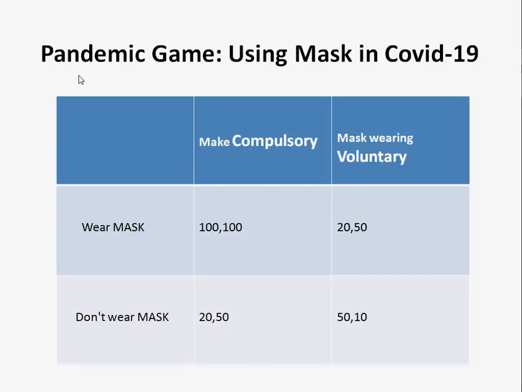Still, there's a certain part of US citizens who are very adamant on not wearing a mask, even though wearing a mask reduces 70% of transmission of the coronavirus. Still, people are adamant.